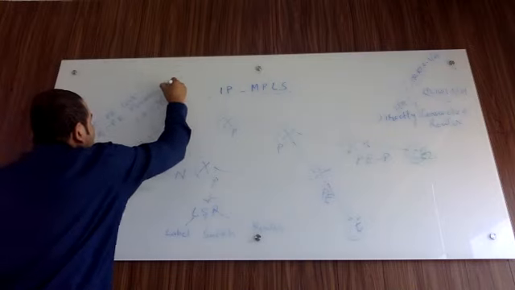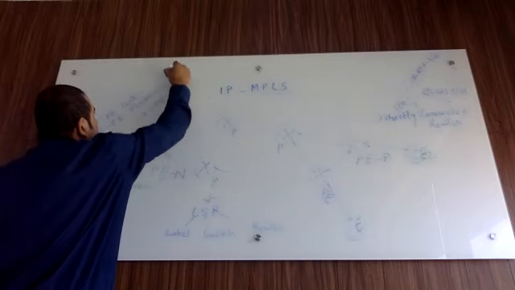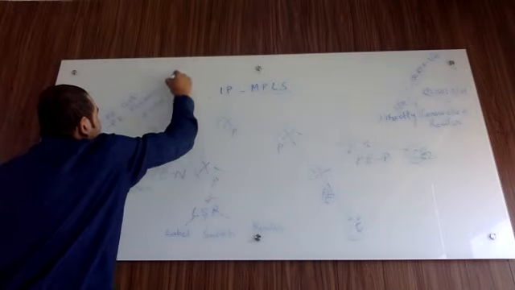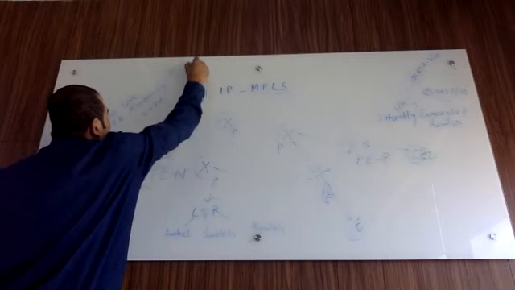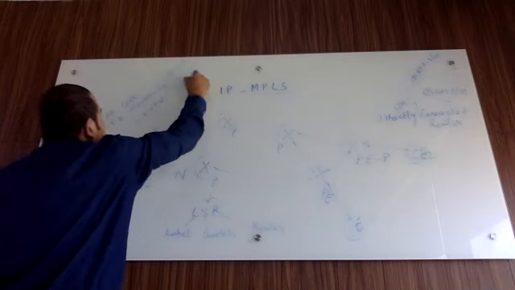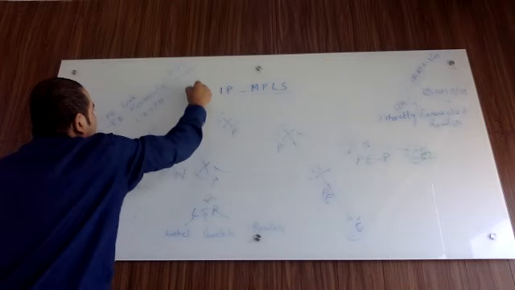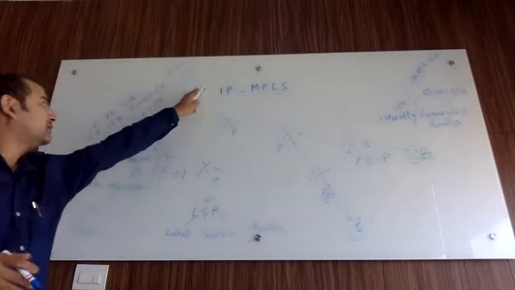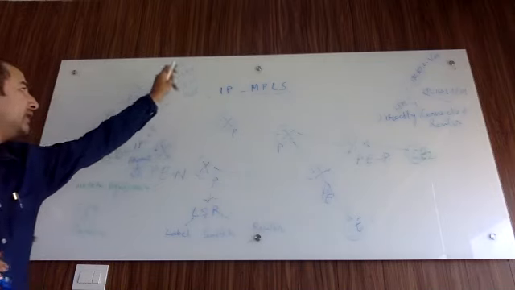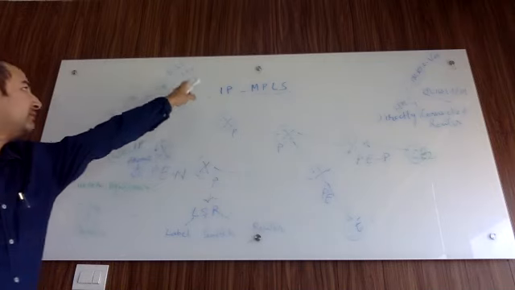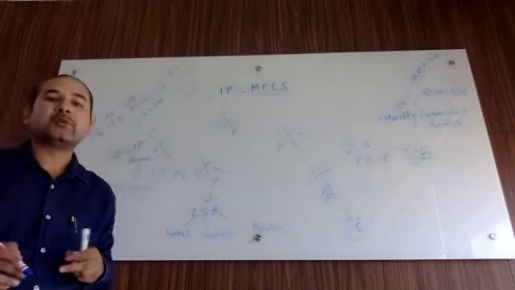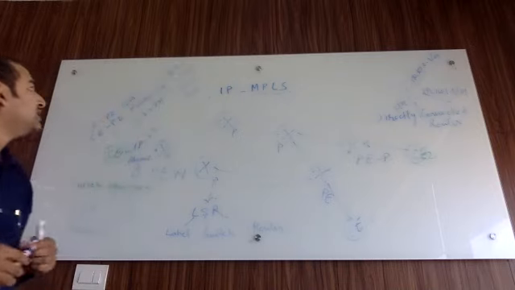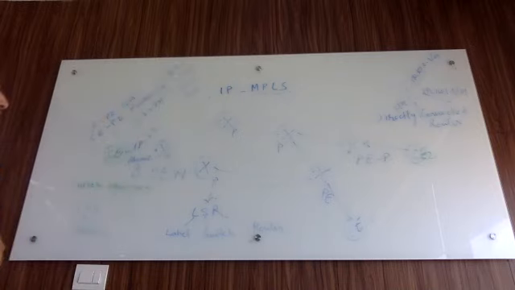This is a routing protocol, it could be BGP, OSPF, ISIS, or RIP. RIP is Routing Information Protocol, ISIS is Intermediate System to Intermediate System, OSPF is Open Shortest Path First, BGP is Border Gateway Protocol.